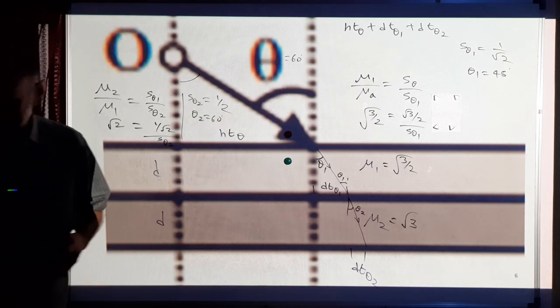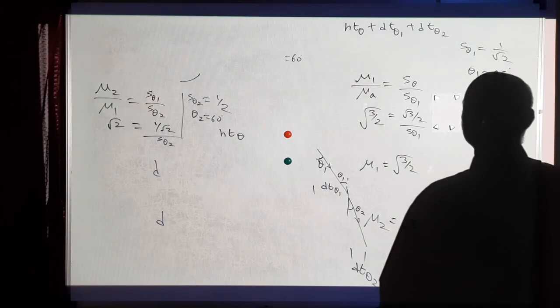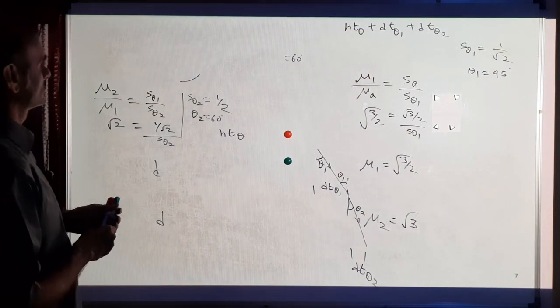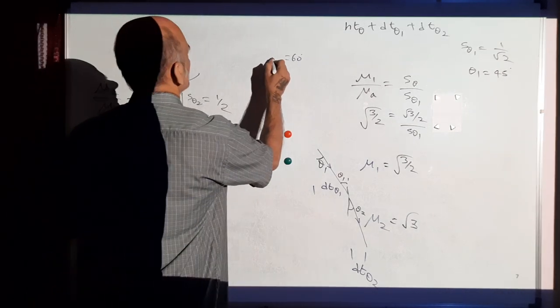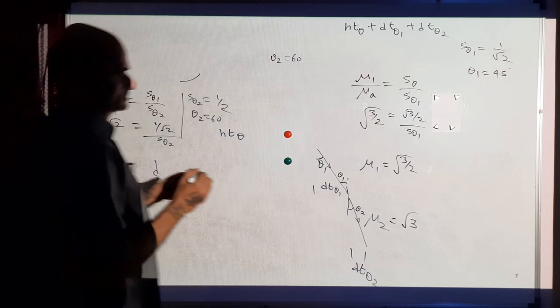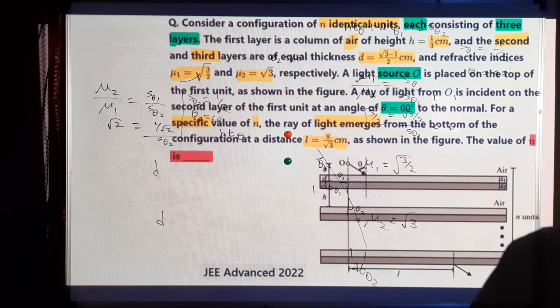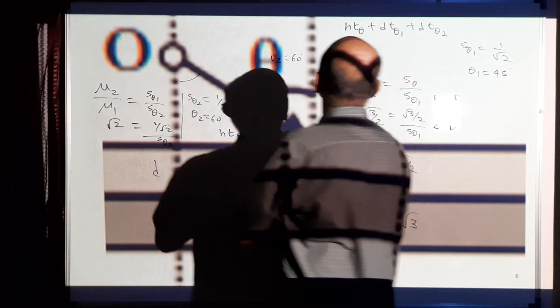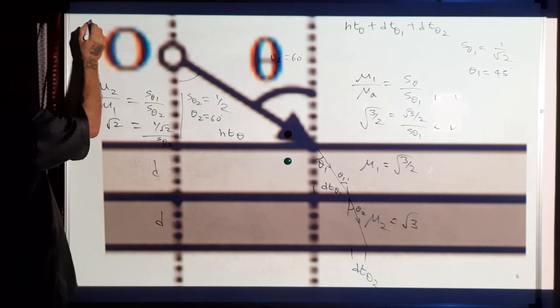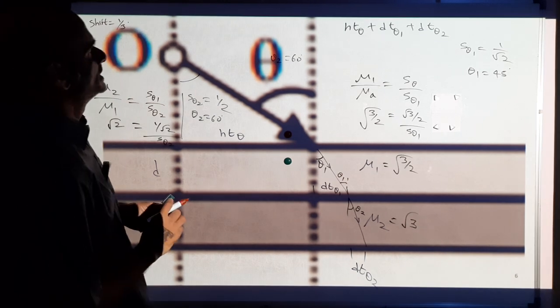So use these two things there. So this is the total shift when it passes through 1 unit. So h is 1/3, and theta is 60 degrees.